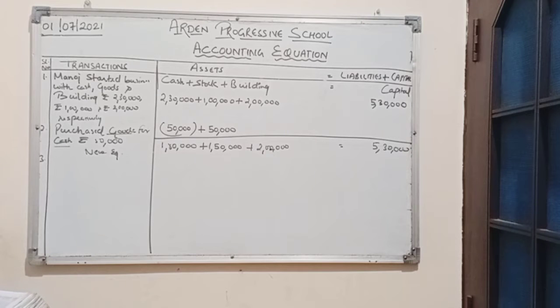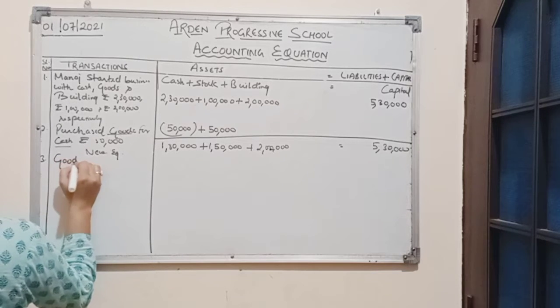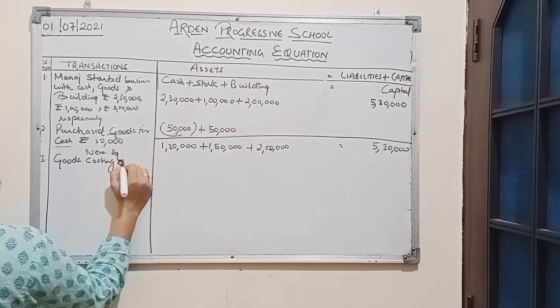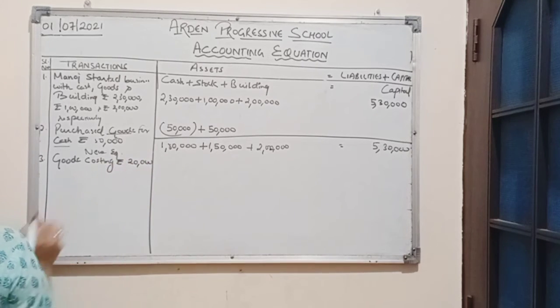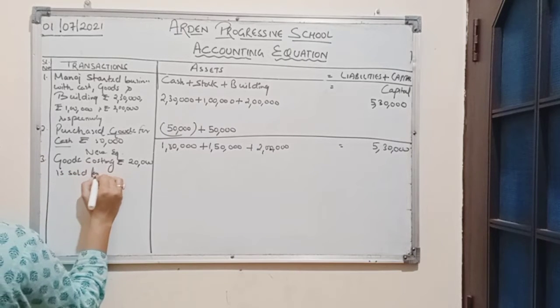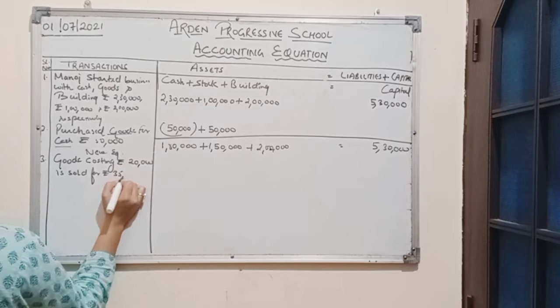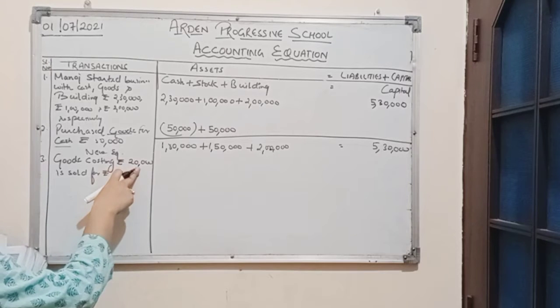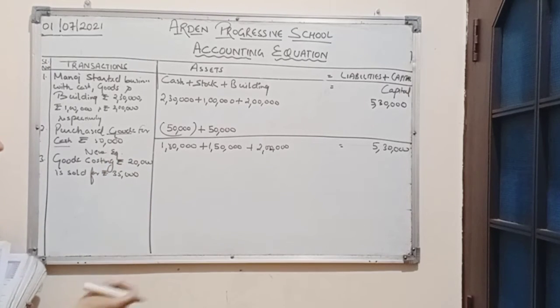Now the third transaction is he sold goods for cash costing 20,000 for 35,000. Now, goods costing rupees 20,000 is sold for rupees 35,000. Here goods has been sold. Goods costing 20,000 has been sold. That means there is an outflow of asset as stock.